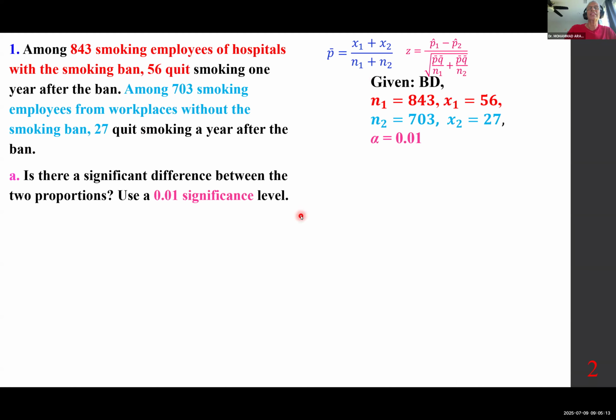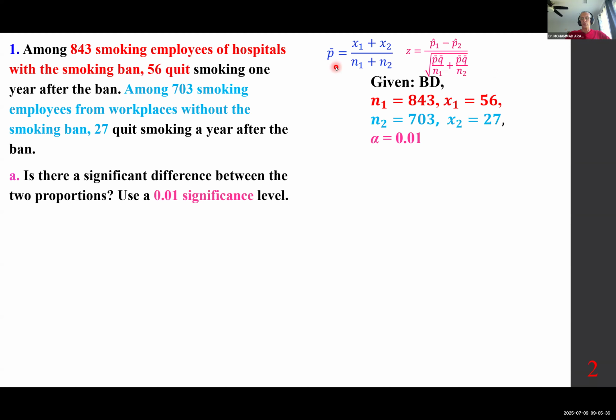And the z-score, the test statistic for a case like this, again, in your formula sheet, is P1 hat minus P2 hat over the square root of P bar Q bar over N1 plus P bar Q bar over N2. In essence, P bar, the pooled proportion.